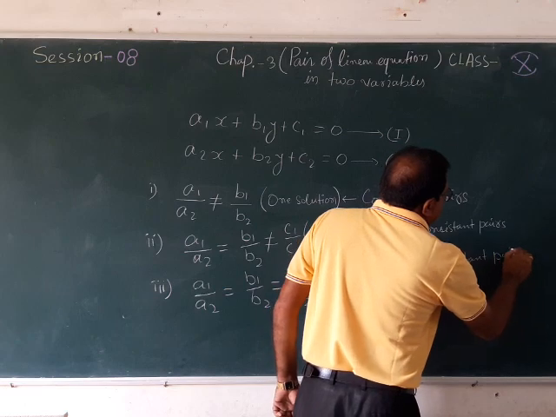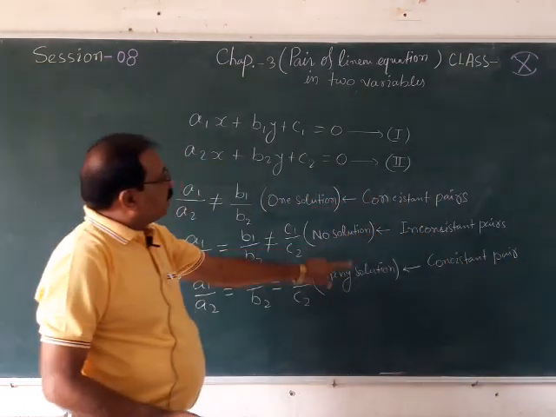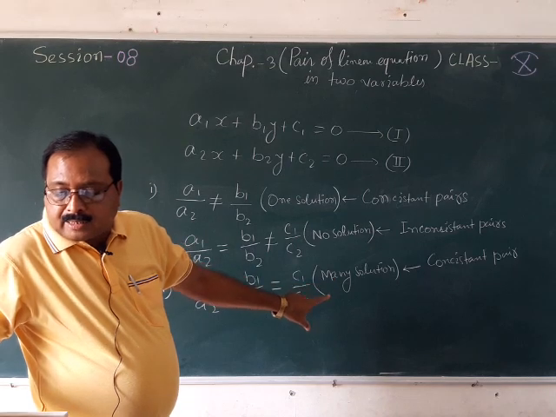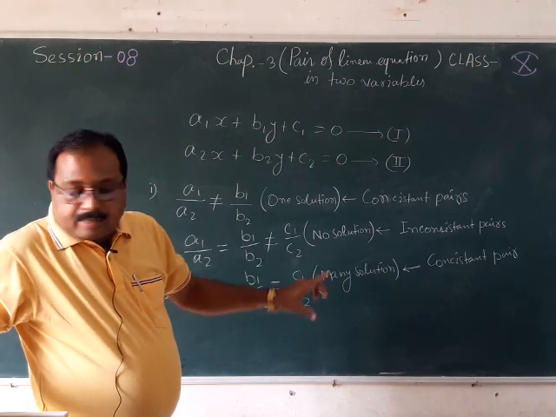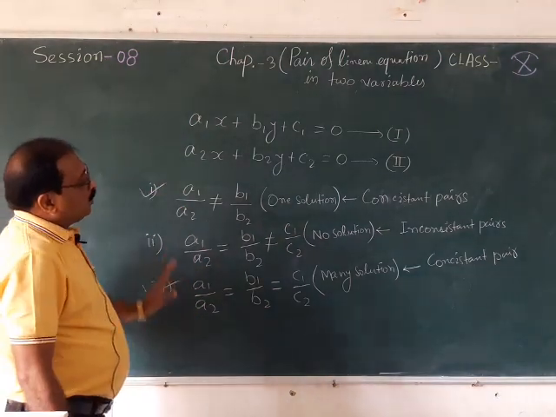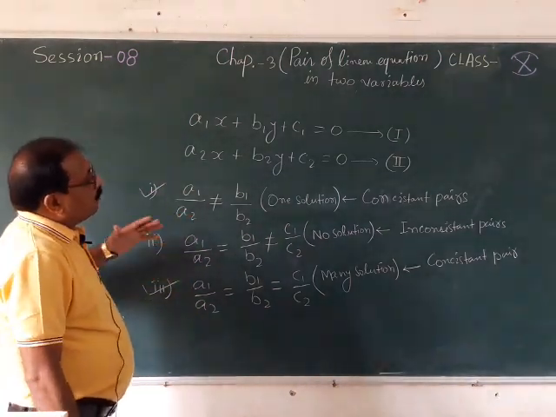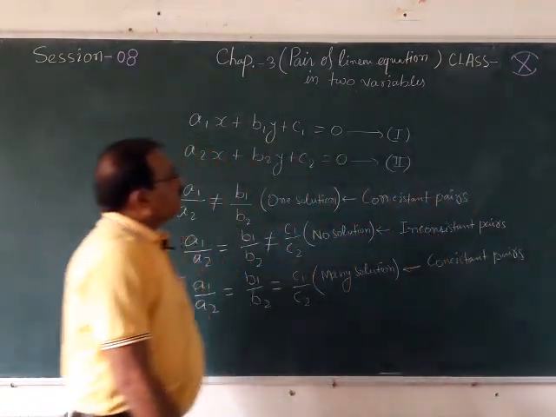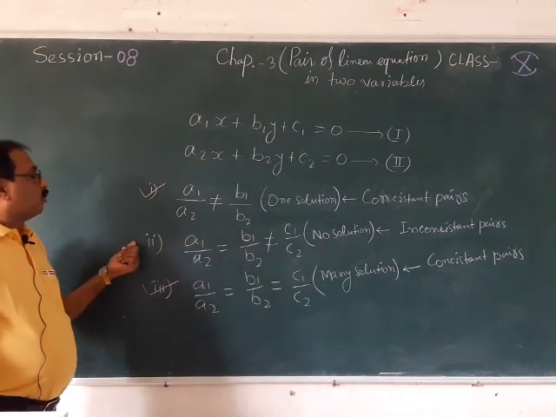Consistent pairs. That means you have seen that there are two cases for consistent pairs. Case number 1 and case number 3 are showing the consistent pairs, and case number 2 is showing the relation for an inconsistent pair, meaning there is no solution.